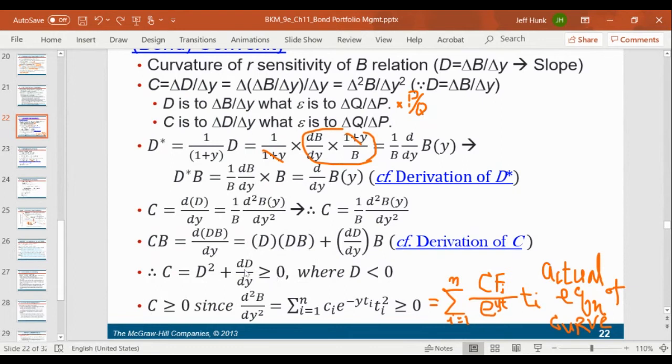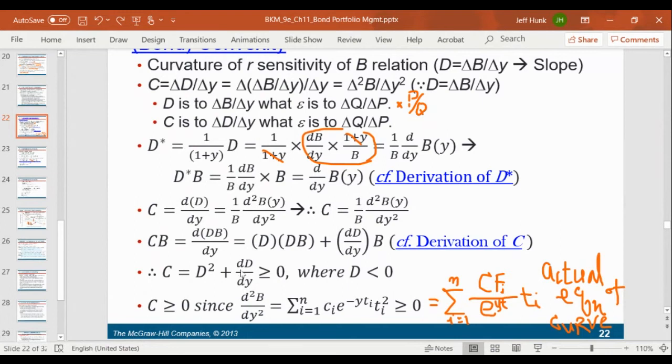I mean, think about it. The derivative of D comes out as negative. Duration is always negative in the derivative sense because they capture opposite movements. But the squared term of D is always positive, right?